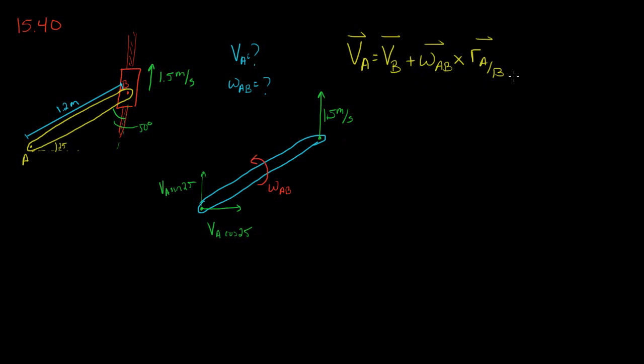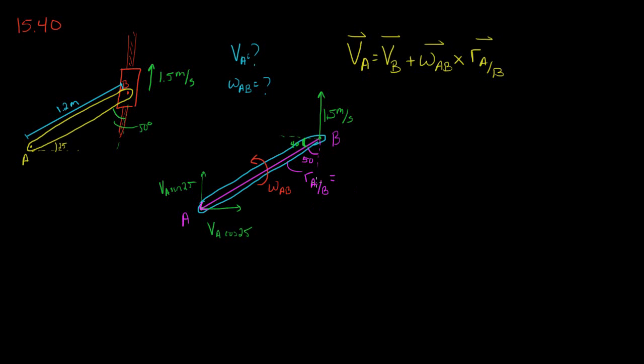And our position vector is this position vector r of A with respect to B. Since B is up here, it's where we start and we go to A. So we start at B, we go to A, and this line right here becomes our position vector of A with respect to B. We know this right here is 50 degrees, so this angle right here is 40 degrees. I like to keep my cosines with my i's if I can help it, but it's fine if you do this the other way.